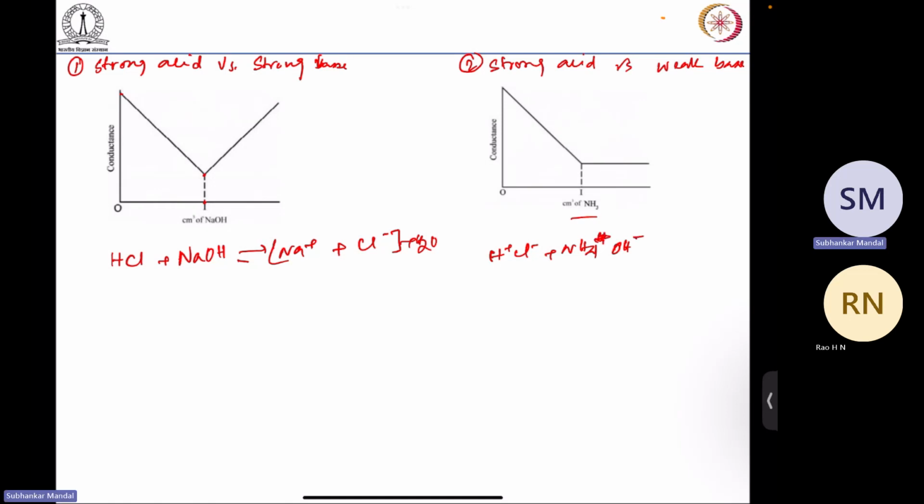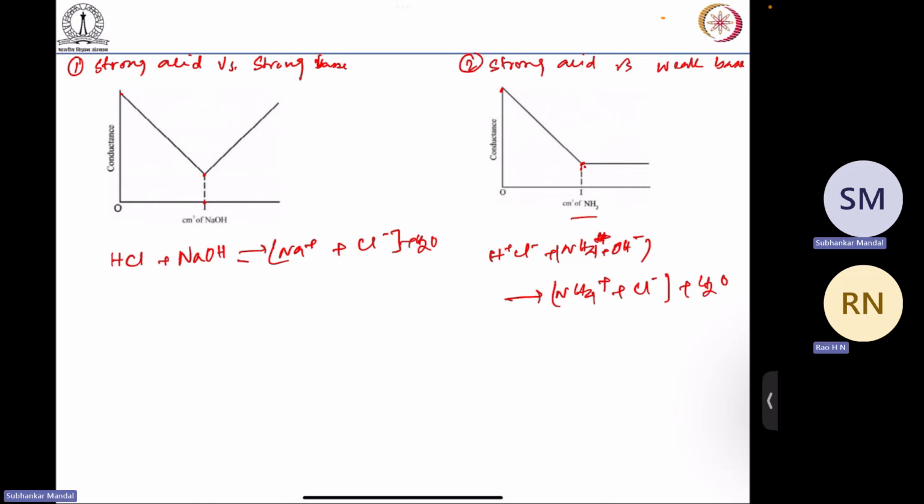What does it form? NH4 plus, Cl minus and H2O. Now the question: in one case it decreases sharply and then after that it increases, and in the other case it decreases, and after the equivalent point it becomes a straight line. There is not so much change in the conductivity. Now the question is, why this kind of difference? Can anyone tell? You can unmute and tell what the reason is.